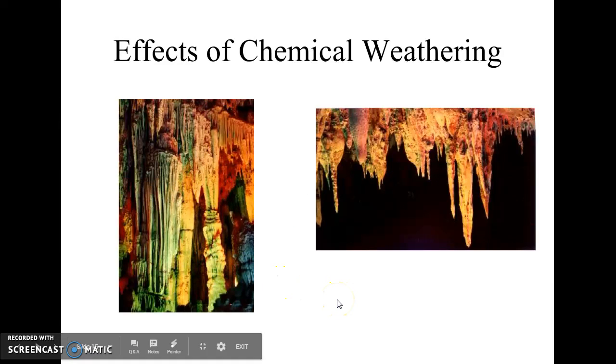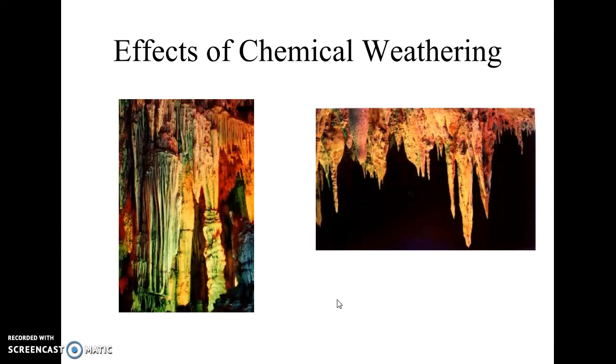But what happens is acidic groundwater, as rainwater infiltrates through the soil and goes down through there, it will have a weak carbonic acid, and it slowly but surely takes away the calcite out of the limestone, and of course it leaves a cave.